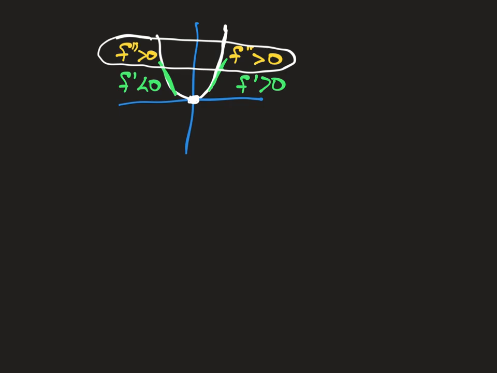Now, if you do the opposite, and draw a downward parabola, what's it going to be? Without going through all of it, we'll just do it. So what we have here is f double prime.